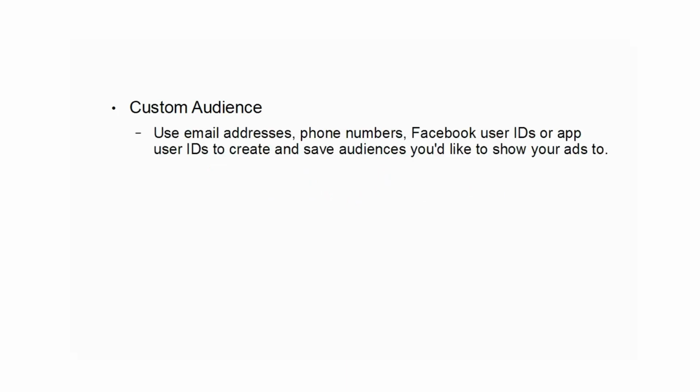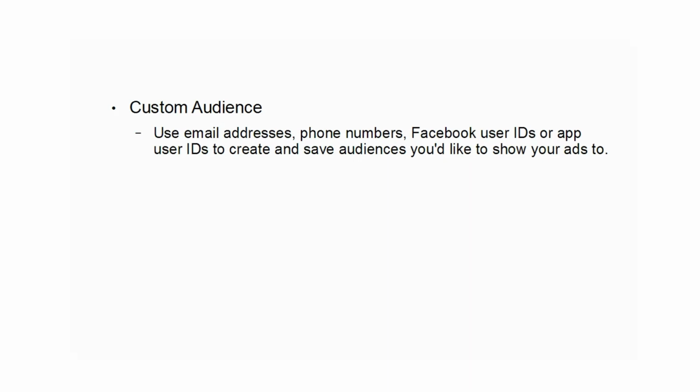Okay, now let's look at the different targeting options that Facebook has, because they do have quite a few, and the sort of targeting option that you're going to choose is largely going to be dependent, of course, on what your product or service is. Now, you can create a custom audience if you want. You can use email addresses, phone numbers, Facebook user IDs or app user IDs to create and save addresses that you'd like to show your ads to.